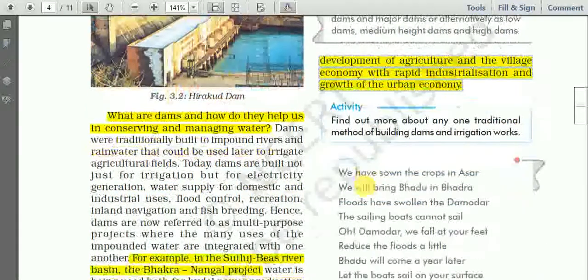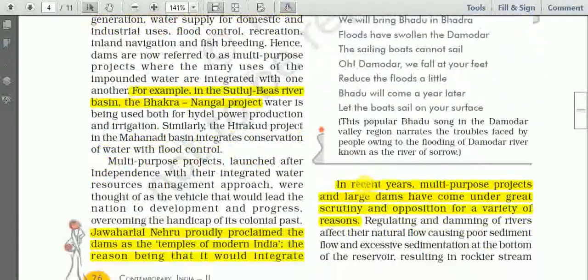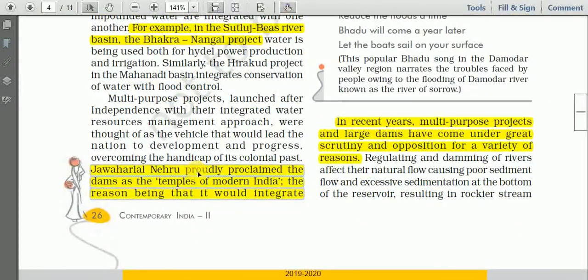Actually, one question was also asked in the previous years, say 5-6 years back, from this statement that Jawaharlal Nehru proudly proclaimed the dams as the temples of modern India. Why? The answer is as follows.